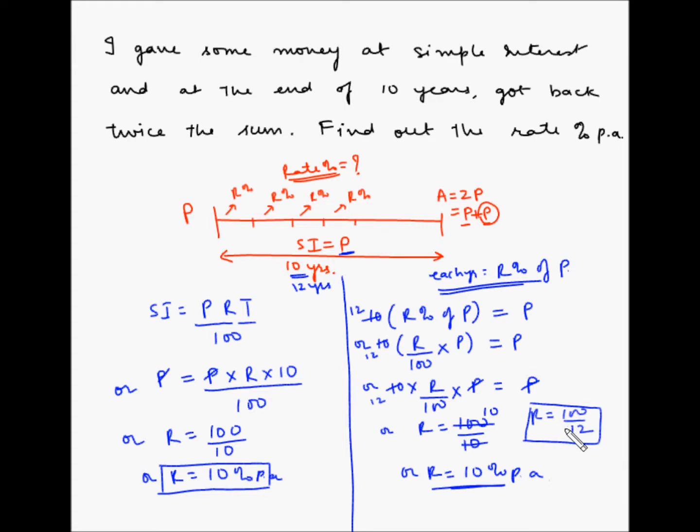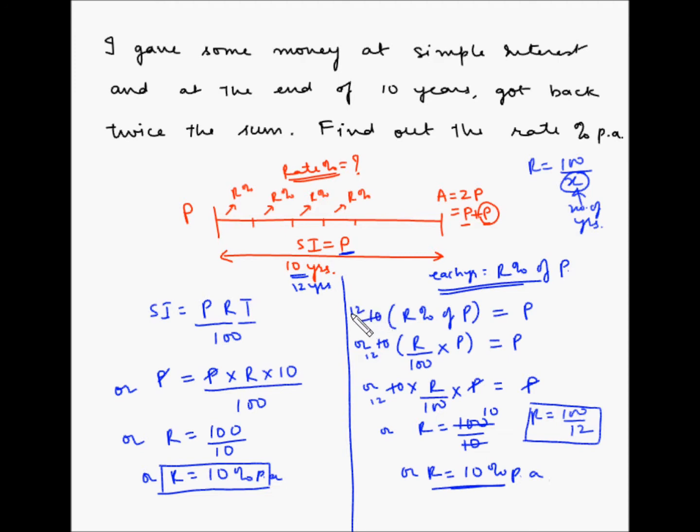So in other terms, the rate of interest is equal to 100 divided by X, where X is the number of years. So if you have a case like this where you are trying to find the rate percent when a sum of money has doubled in X number of years, then the rate percent can be found out by dividing 100 by the number of years in which the amount is doubling up.